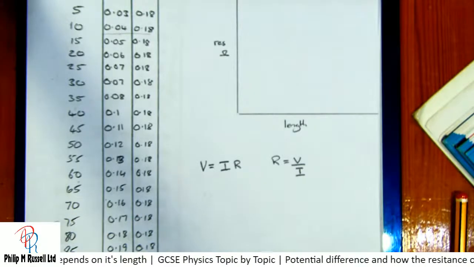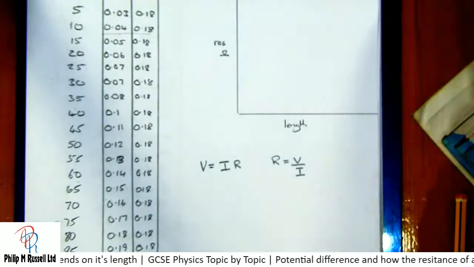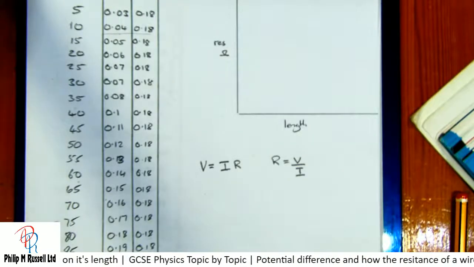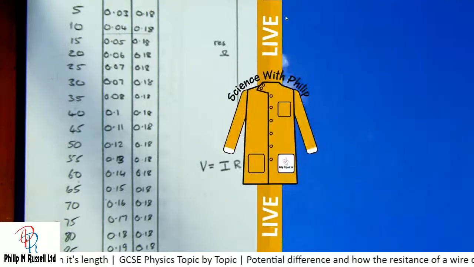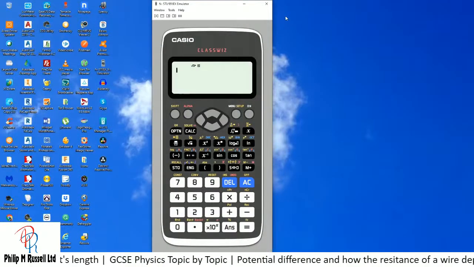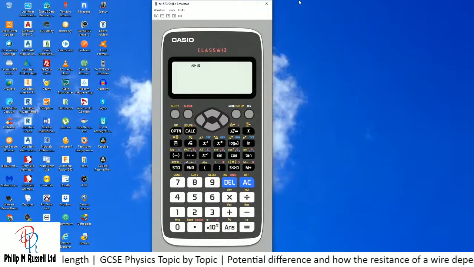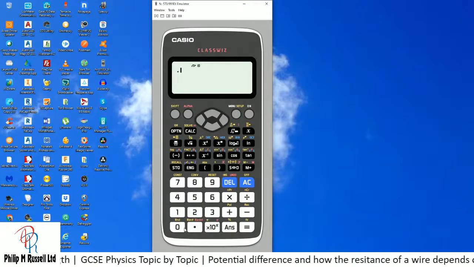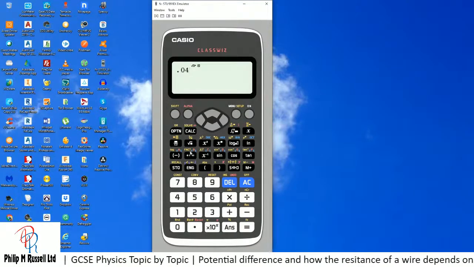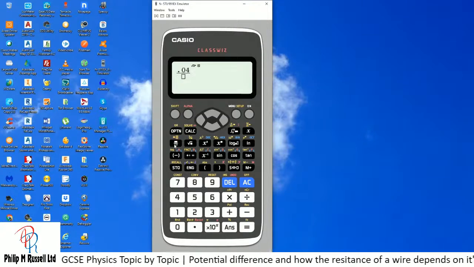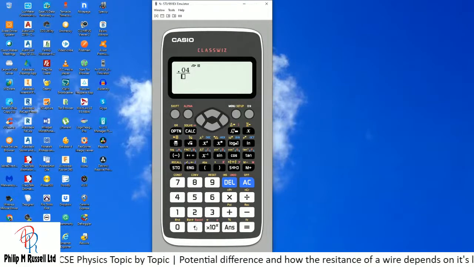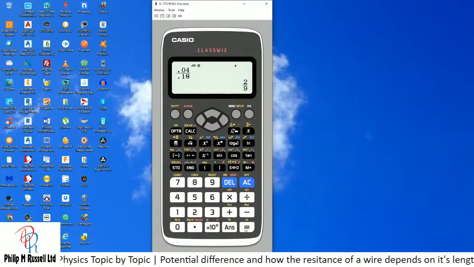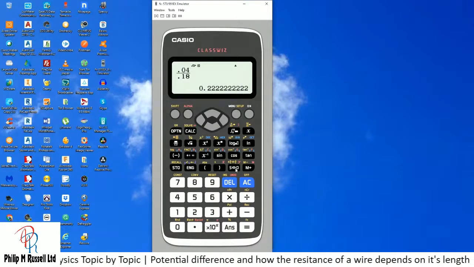So let's try a few of these numbers. If I call up my calculator, then if I do the 10th value, this is going to be my voltage, which is going to be 0.04 divided by 0.18, and that's going to give me a horrible number, 0.22.